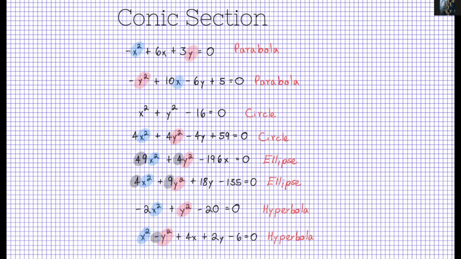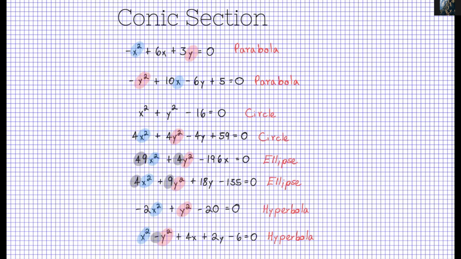So let's review very quickly one more time how we do it. Scenario number 1: you identify both variables, but only one of them is squared. Whenever this happens, you automatically know you have a parabola. Scenario number 2, you have both of your variables squared, both of them are positive, and both of them have exactly the same coefficients.